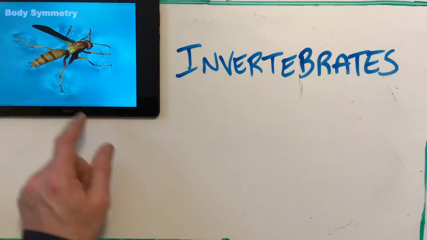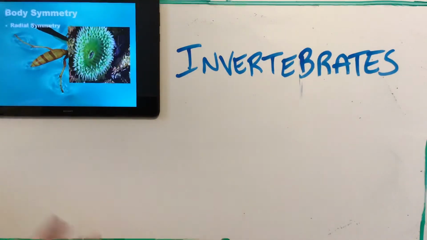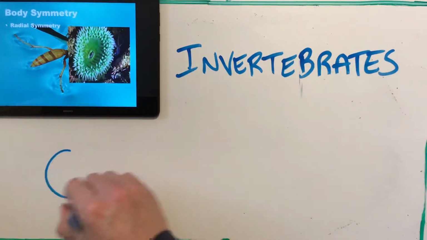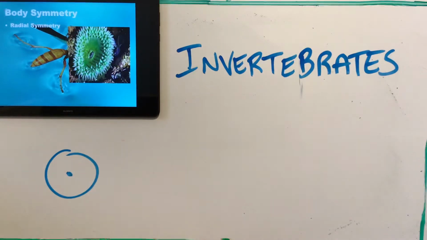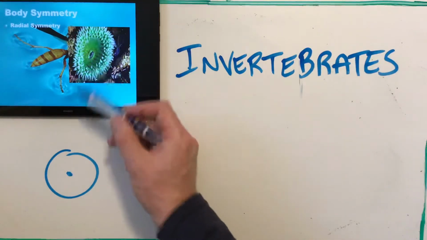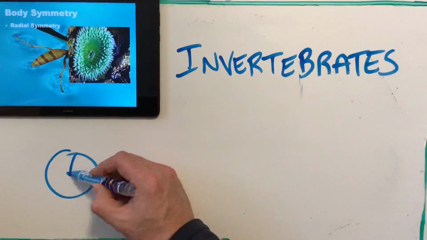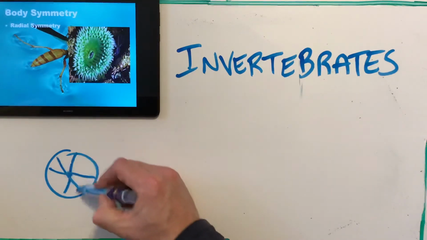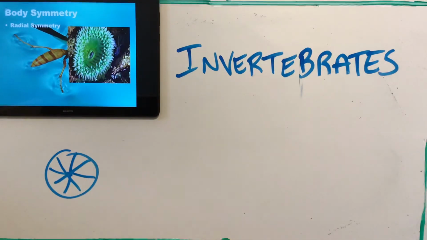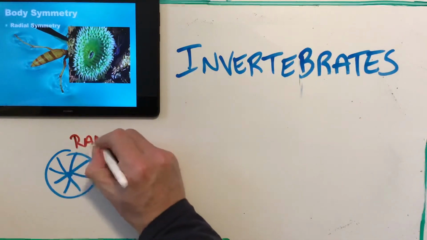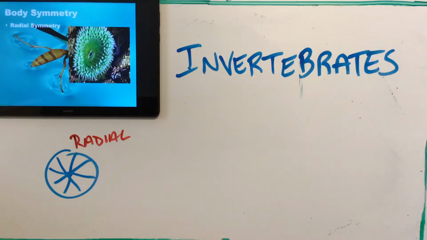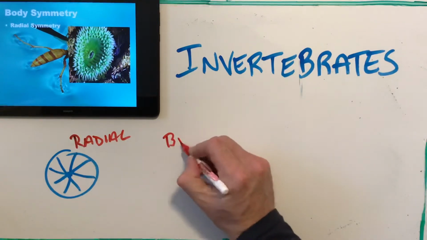So we go through, and we can see that radial symmetry is like this sea anemone right here. If I look at it from the top, which we're doing here, I can see that opening right here, and I can cut out and make a whole bunch of equal pieces out of that. So that is radial. We also have bilateral.